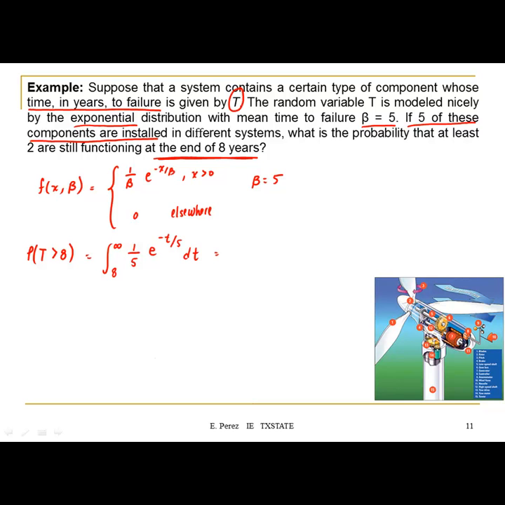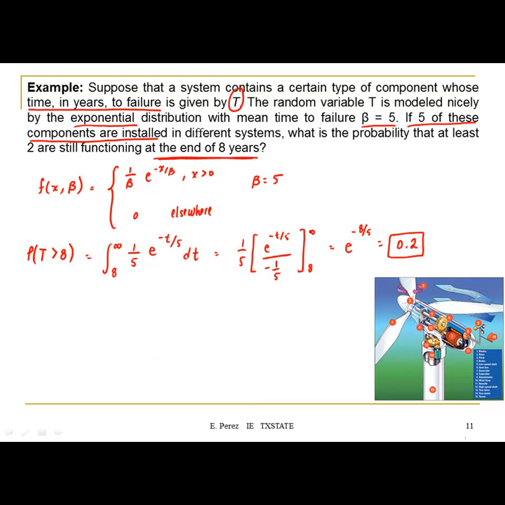And let me do the math for you, this is 1 over 5 e to the minus t over 5 divided by minus 1 over 5, evaluated from 8 to infinity. And this is going to be equal to e to the minus 8 over 5, which is 0.2. So the probability of this component lasting more than 8 years is going to be 20%.